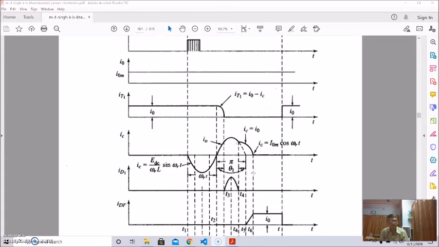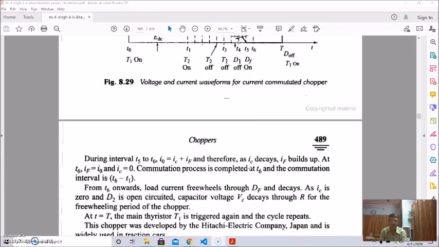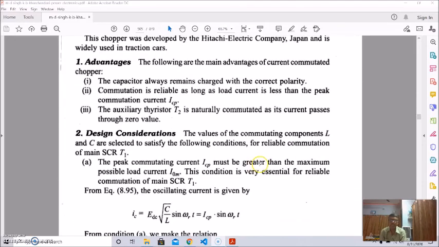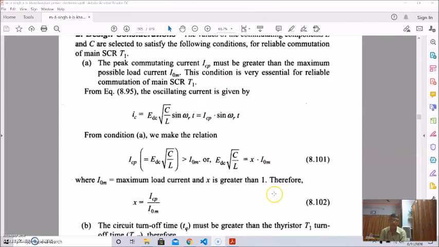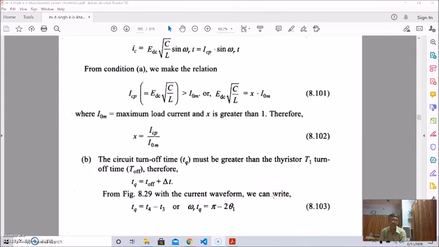During this process we have taken into consideration two design conditions: first, the peak commutating current must be greater than the maximum possible load current IOM, and secondly, the circuit turn-off time T2 must be greater than the thyristor T1 turn-off time T-off. So with this we have tried to establish the operation, design considerations and advantages of this current commutated chopper.